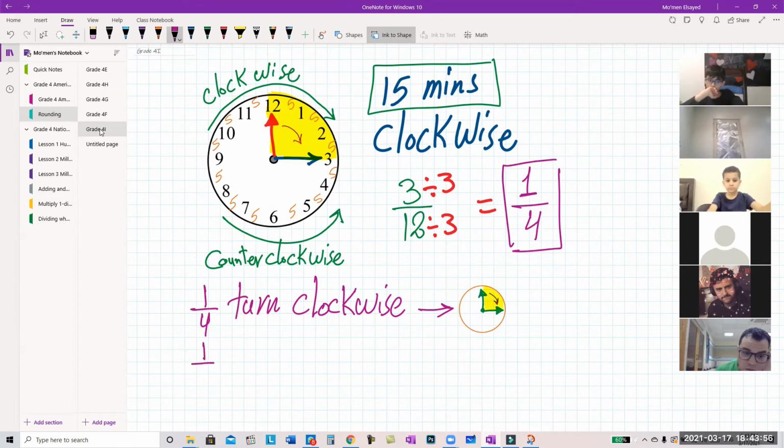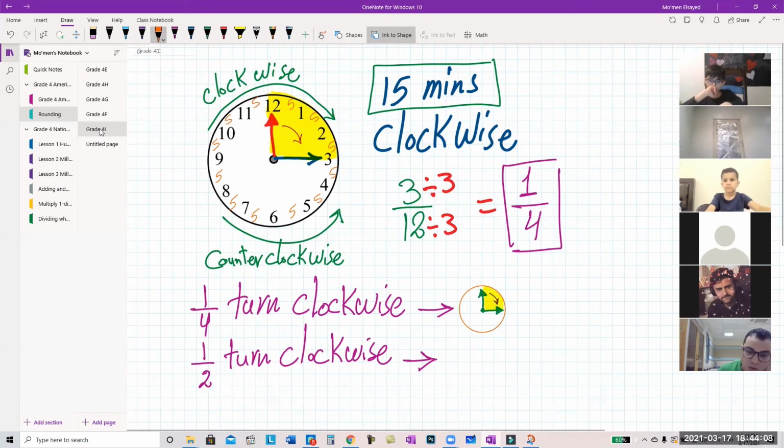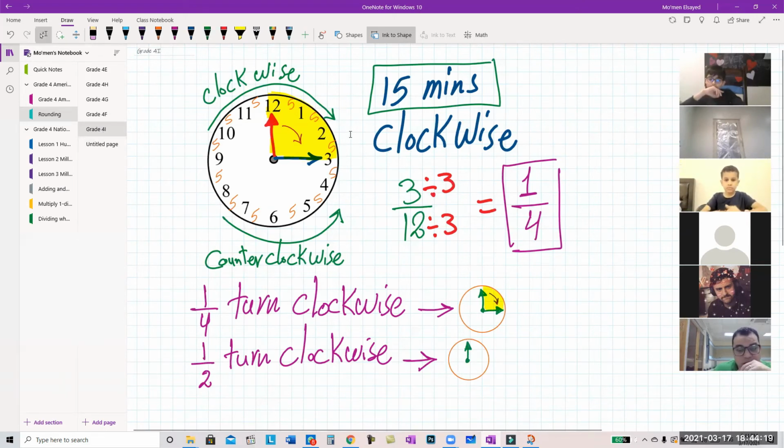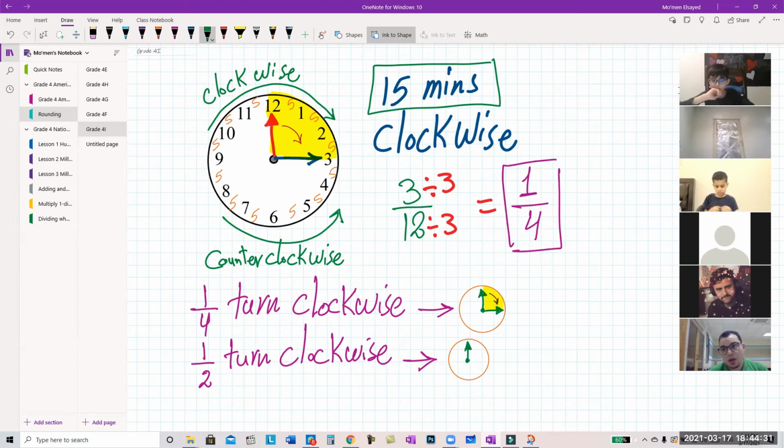The next one: if I ask you to move a half turn clockwise, how can we do it? Okay, who can answer me here? I think Ryan Akbar can help. Yes, Mr. Mo'men. We want to move this minute's hand a half turn clockwise.